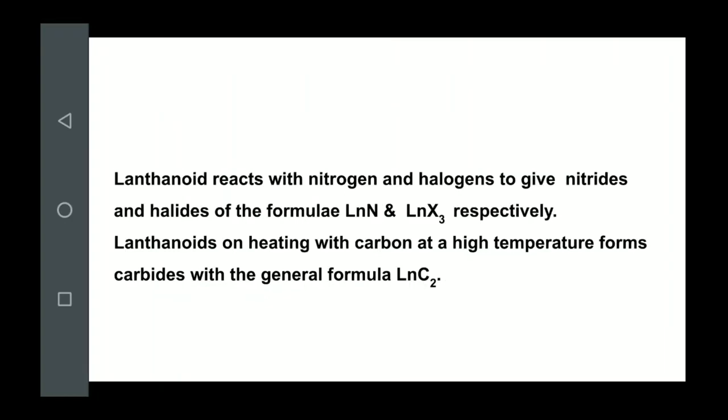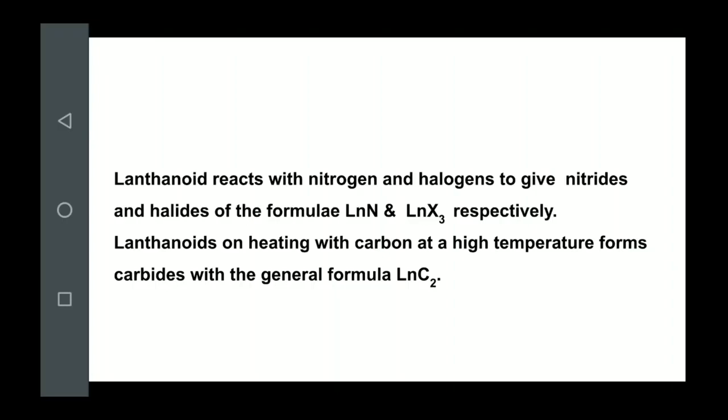Now these lanthanoids are able to react with nitrogen and halogens to give nitrides and halides of the formulae LnN and LnX3. So one lanthanide, any lanthanide, would be there with one nitrogen atom, and for LnX3, for one lanthanide there would be three halogen atoms.